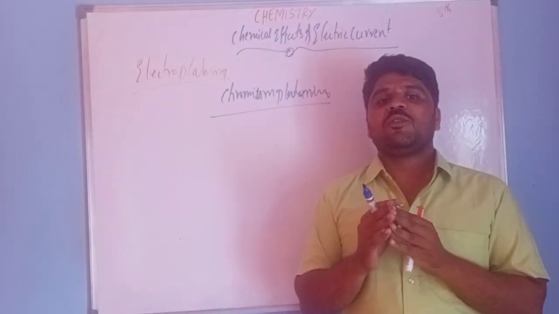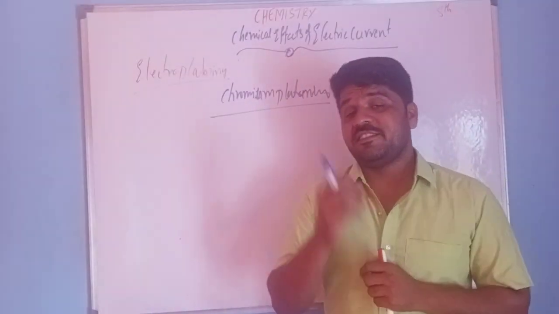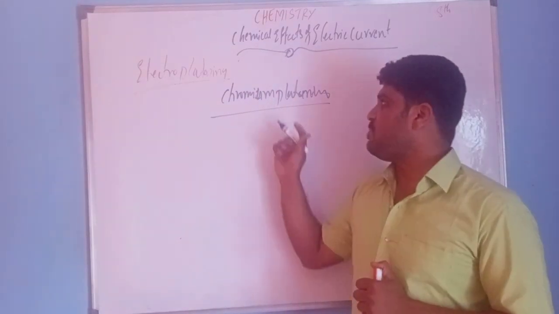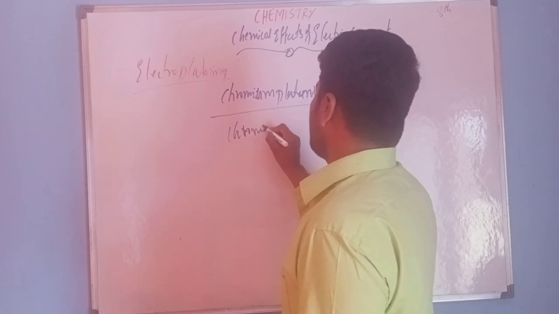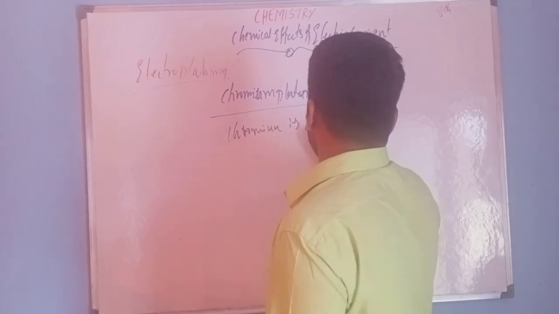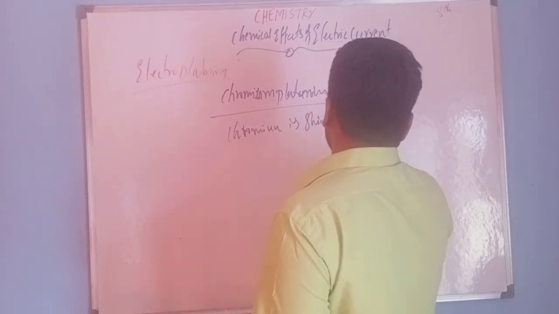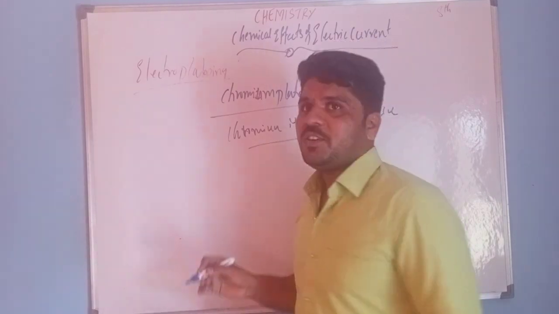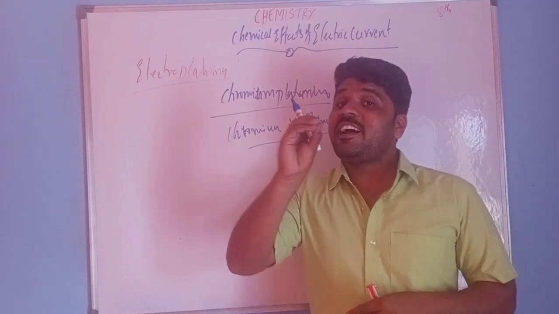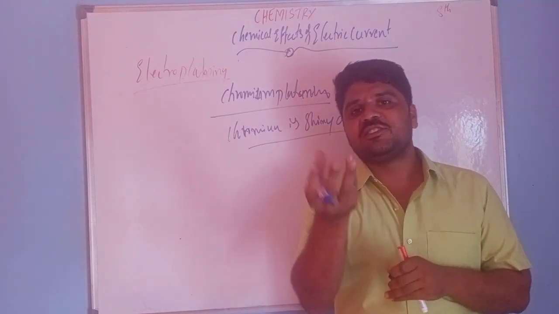We know that chromium has a shiny appearance, and we get attracted to the shiny appearance of objects.